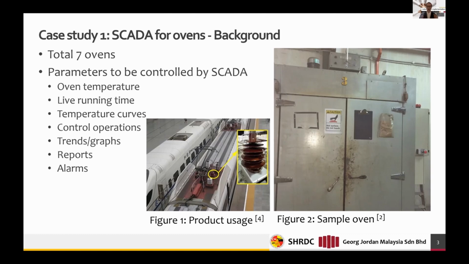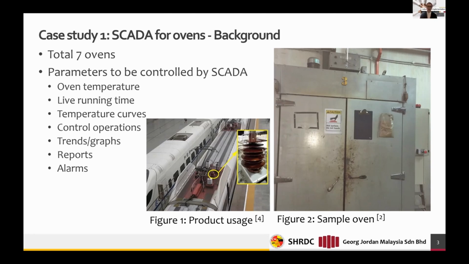We wanted to control the oven temperature and get live information about what is happening in each of the 7 ovens. We want to look at the temperature curves, not only now, also after a couple of years. So we have to save the temperature curves. We want to control the operations, not only at the oven level, but also at our computer.